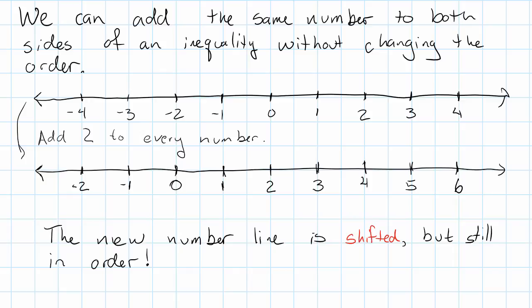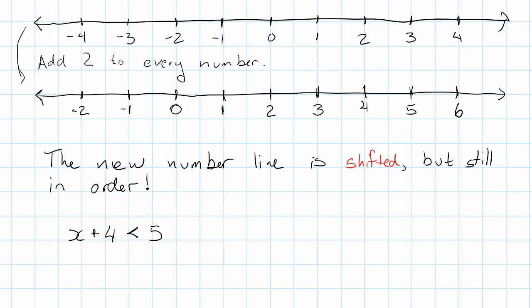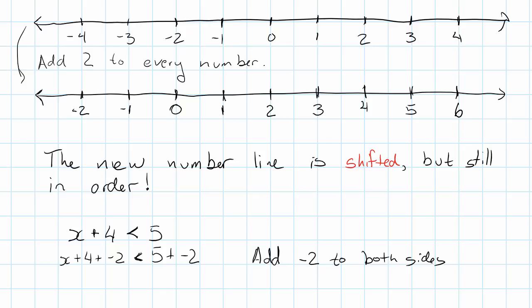Let's say that we have an inequality that tells us that x plus 4 is less than 5. We might decide to add -2 to both sides of this inequality, and we would get x plus 4 plus -2 is less than 5 plus -2.